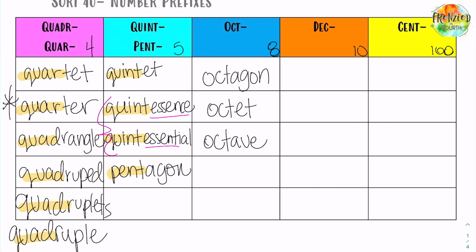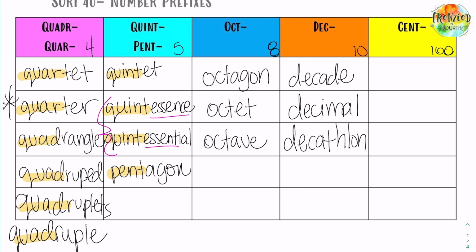So let's go ahead and hop to the 4th category, dec, meaning 10. This comes from the Latin prefix dec. Let's look at the words that we have in this category. Our first one is decade. Decade, we know, is 10 years.